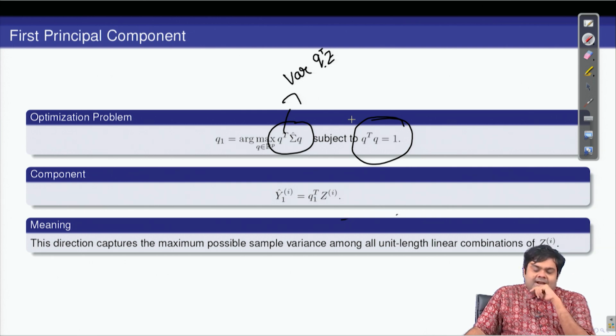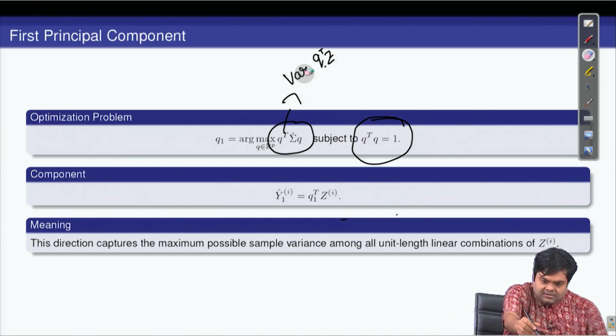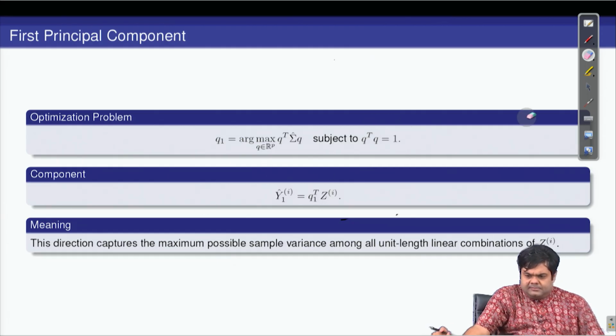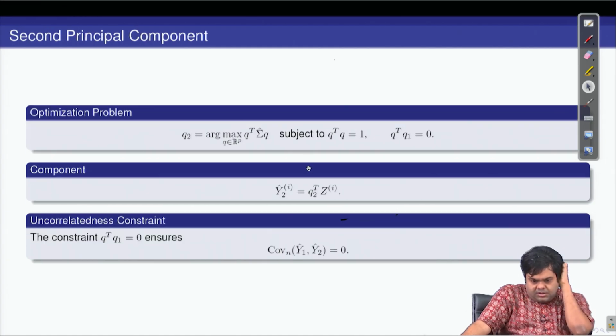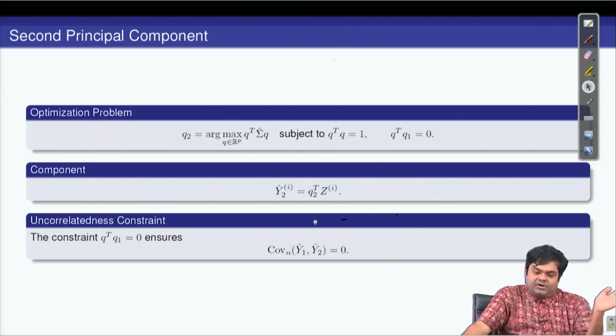Once you find that direction, that gives you your first sample PCA, just like the population case. For the second PCA, same as the first, you maximize the variance subject to two conditions instead of one. You impose the unit vector condition, but also the orthogonality condition: this direction has to be orthogonal to the first direction you have already obtained.